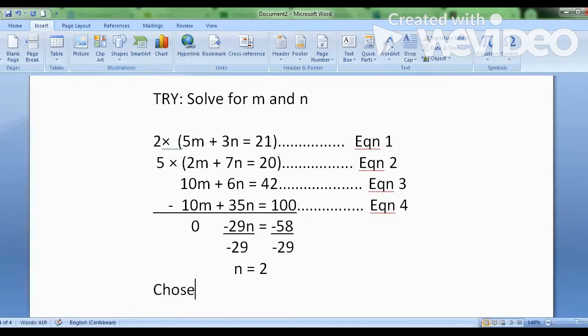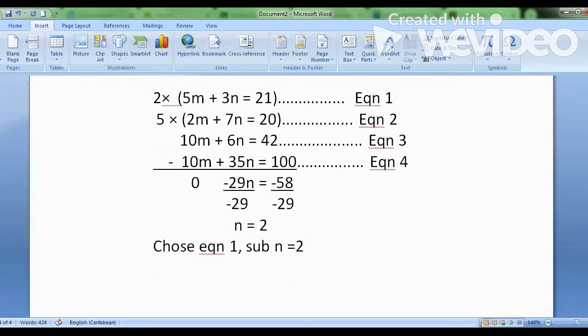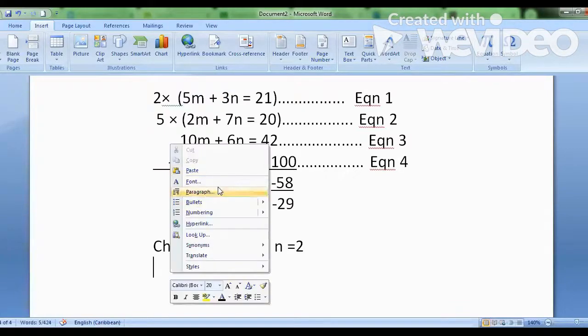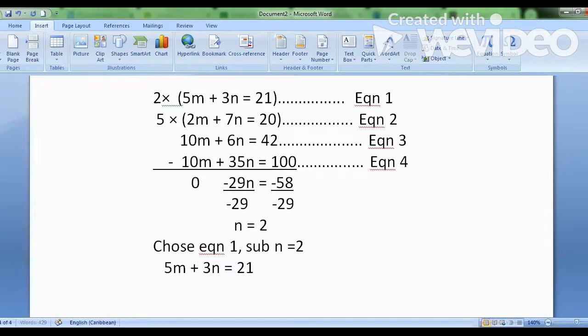Then we're going to choose one of the equations. I chose equation 1. All right. And then we're going to substitute. So 5m plus 3, you're going to put 2 in the bracket there. 5m plus 6 equal 21.